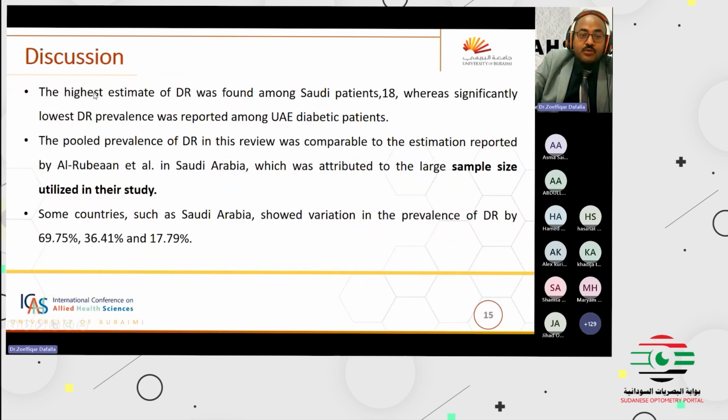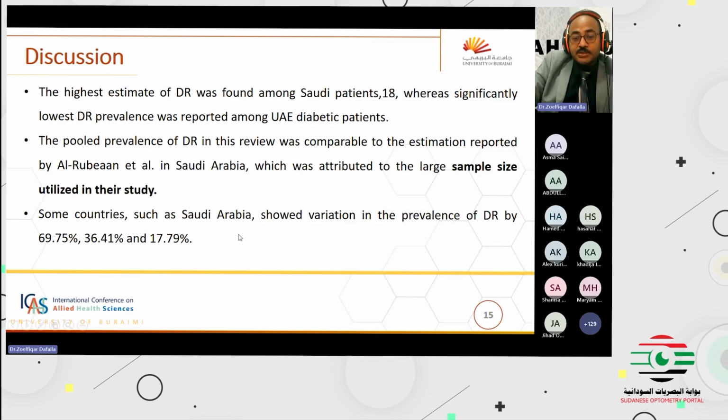In the discussion of this result, the highest estimate of diabetic retinopathy was found among Saudi patients, whereas the significantly lowest was found in United Arab Emirates patients. The pooled prevalence of diabetic retinopathy in this review was comparable to the estimation reported by Rubian, and I think it is because the sample size of the Rubian study is higher, which is 50,000, compared with the total sample of 61,085.